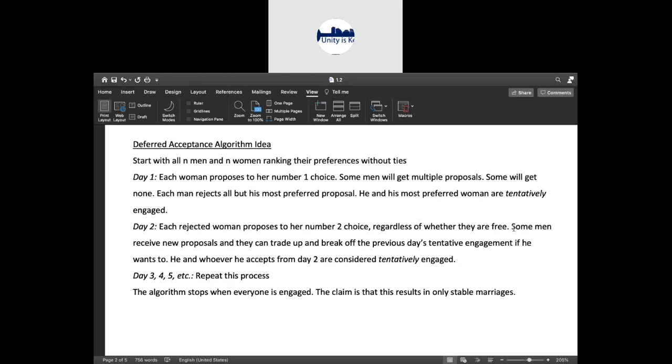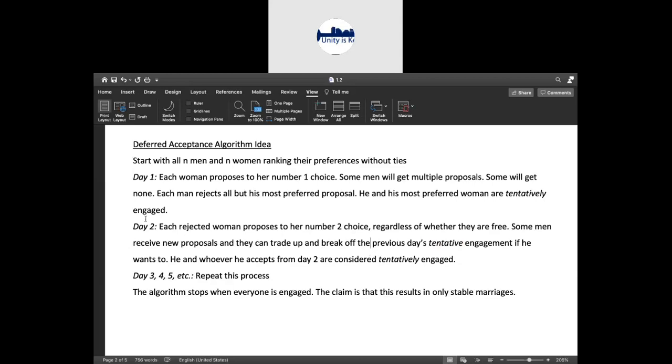Because on day two, when some of the men receive new proposals, they're allowed to trade up. So they can break off the previous day's tentative engagement. That's why it's important that it's tentative. And accept the proposal of someone he prefers more.